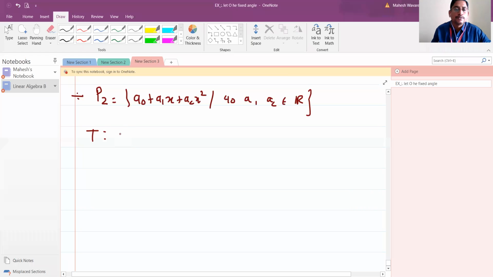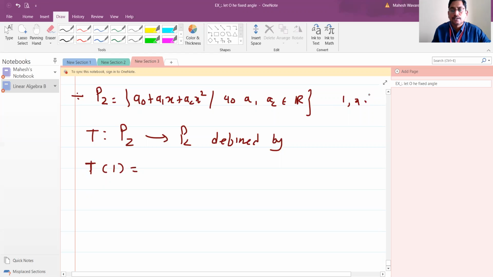And you are given that T from this P2 to P2 is defined by its standard basis. The basis for this set is 1, x, x square, because for every polynomial we require the constant, we require x, and we require the x square term.